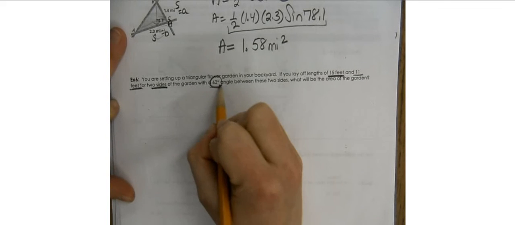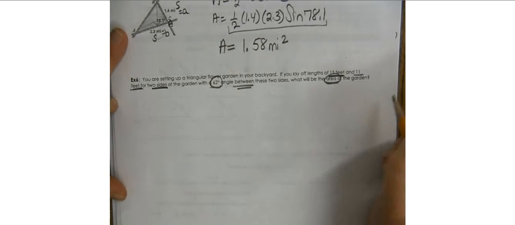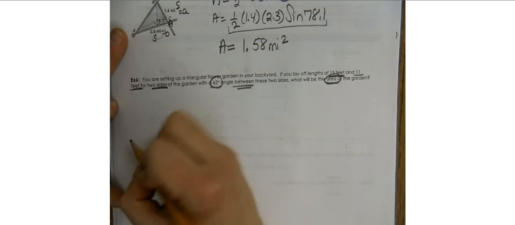Let's go ahead and look at example number 6. It says you are setting up a triangular flower garden in your backyard. If you lay off lengths of 15 feet and 11 feet for 2 of your sides of the garden with a 62-degree angle between these 2 sides, what will the area of the garden be? So once again, we have our triangle.